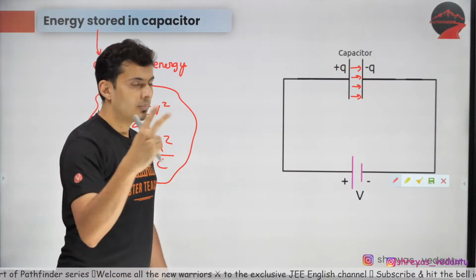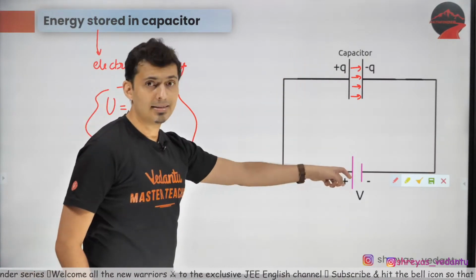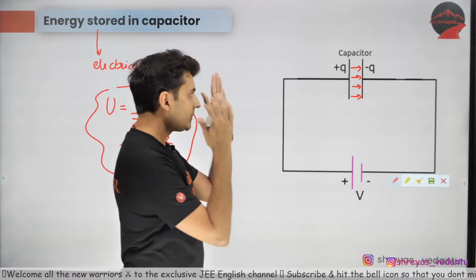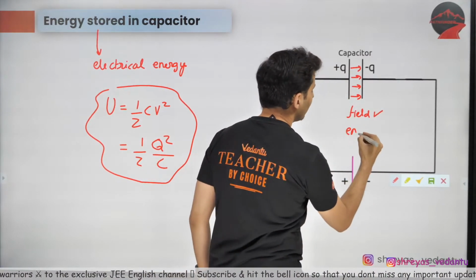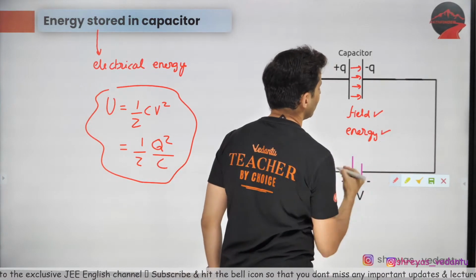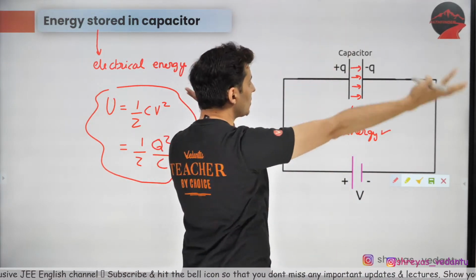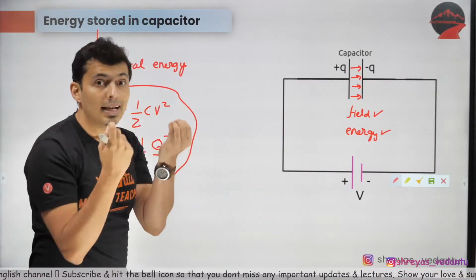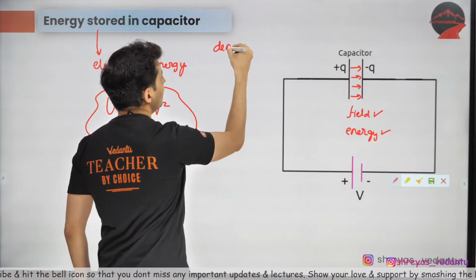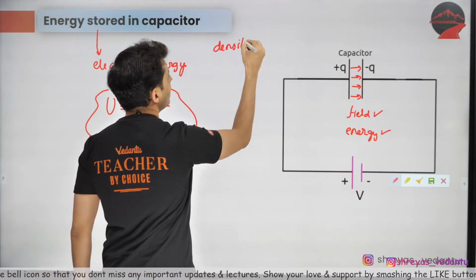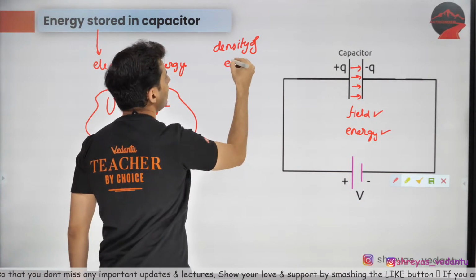Number two, the energy density in a field. Wherever there is a field, there is energy. If there is no field outside, there is no energy.